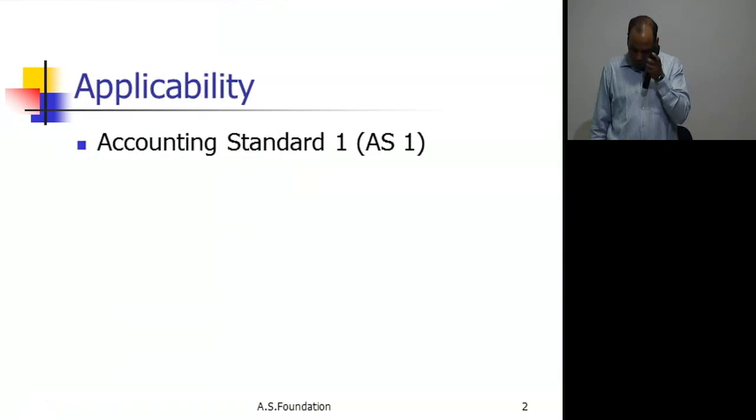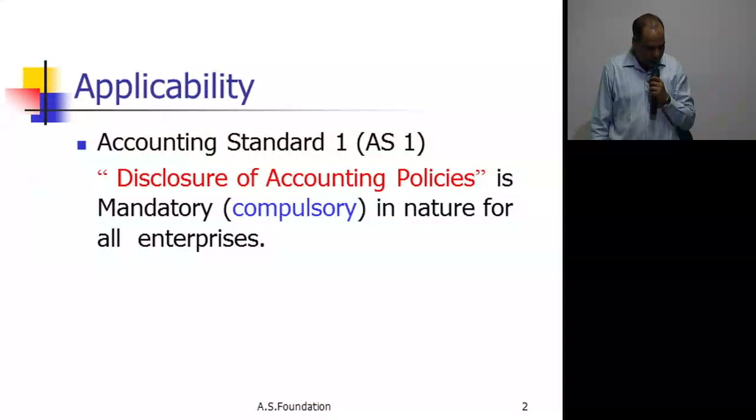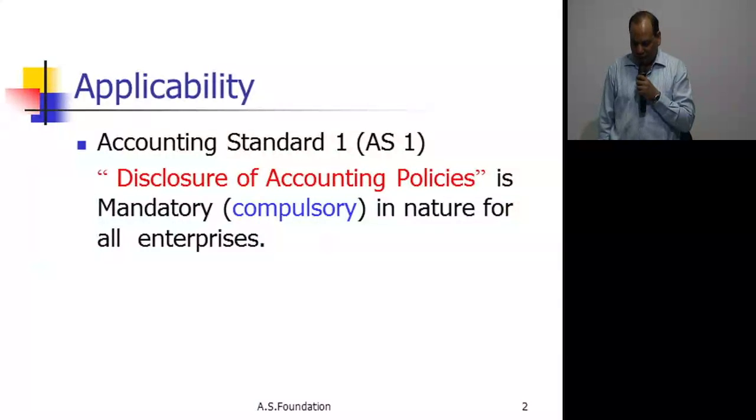This standard AS1 is mandatory for all types of enterprises. All companies, all business enterprises which prepare financial statements in the form of balance sheet, P&L account, will disclose about their accounting policies.